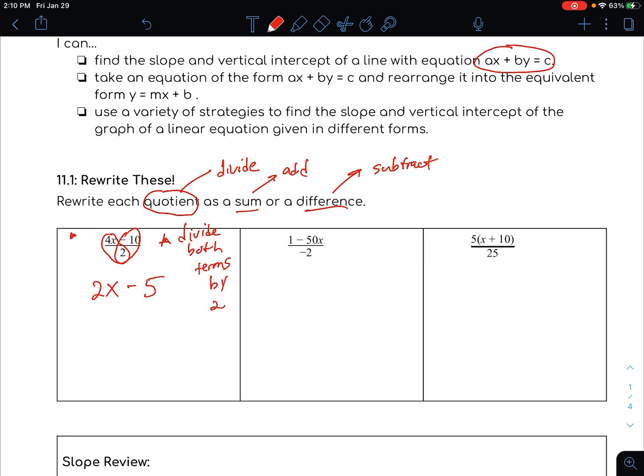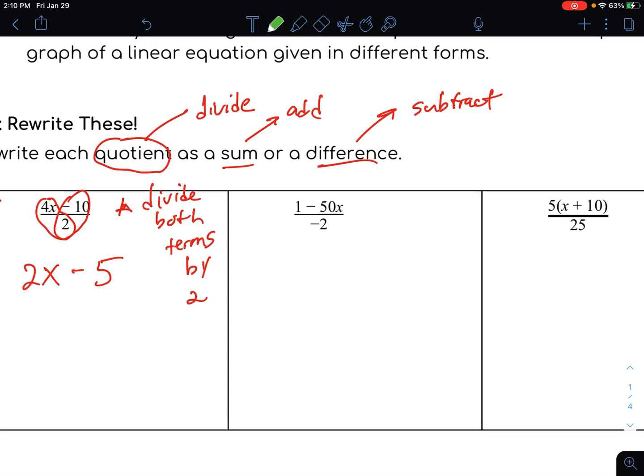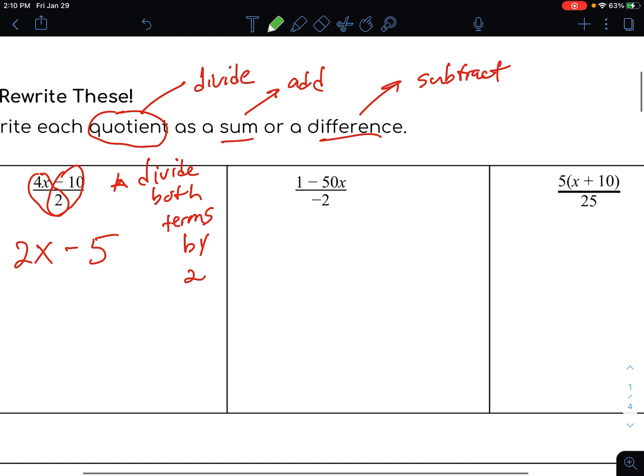Same thing in the next problem here. We're going to divide both terms by -2. So we've got this piece right here and then this piece right here. So 1 divided by -2, you could write that as a decimal, but I'm just going to leave it as a fraction. We can't really simplify that fraction, so we can just keep it as it is: -1/2.